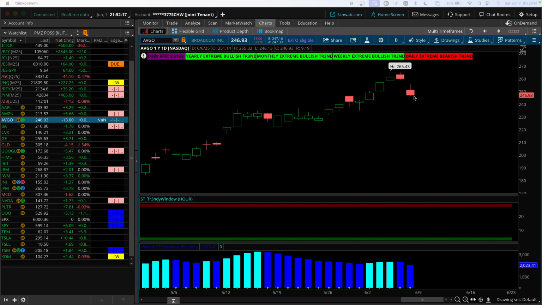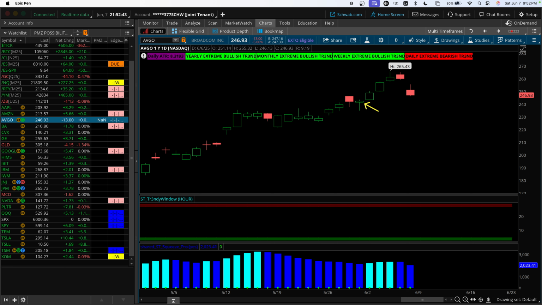So I'm going to look below where price is currently trading, and I'm going to look for that candlestick pattern, the inside candle. This candle here is an inside candle because it closed inside the body of the prior candle, and then we had a break to the upside.